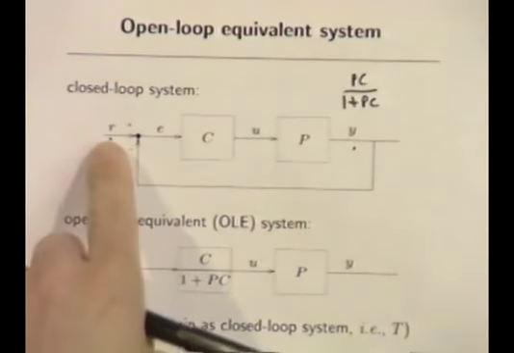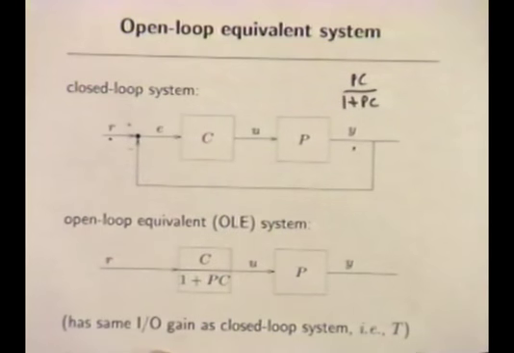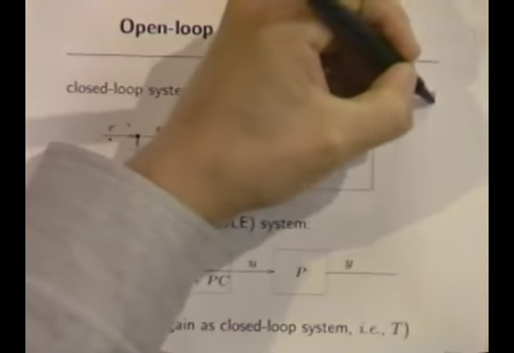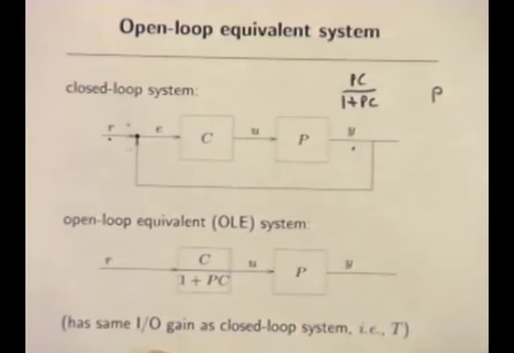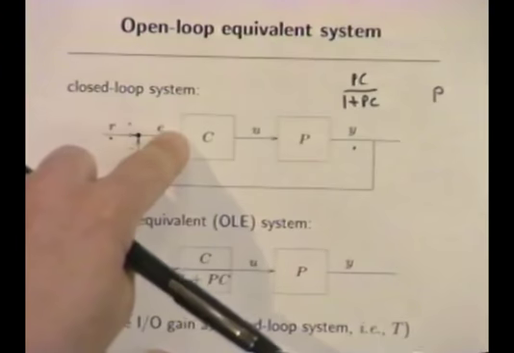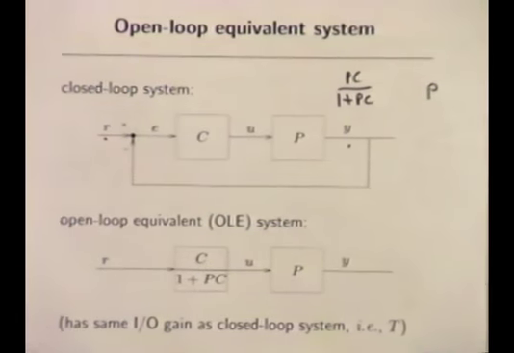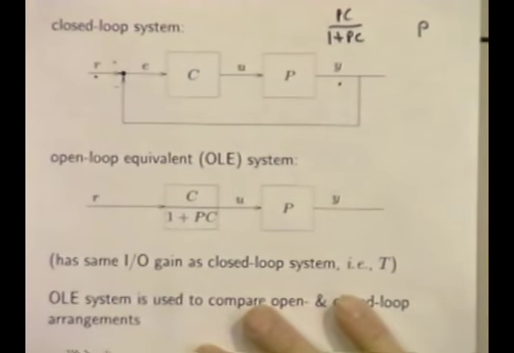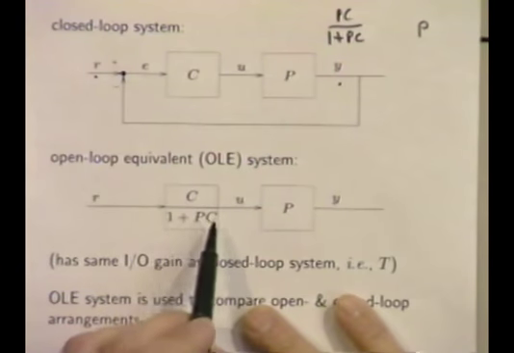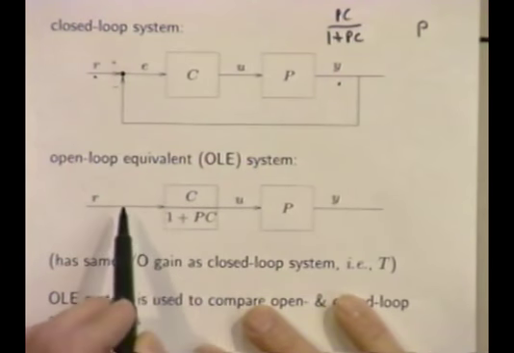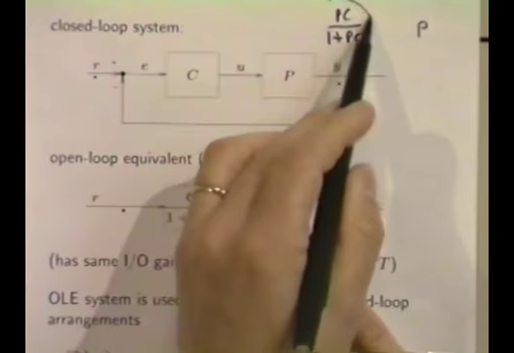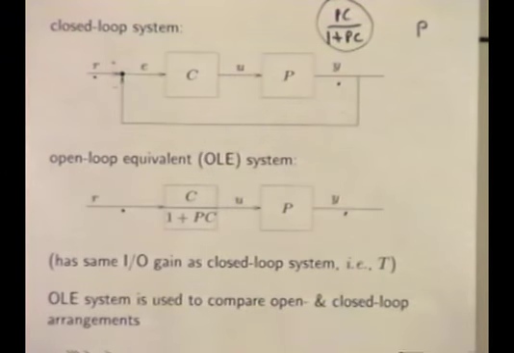It's not really fair to compare that to P for a variety of reasons. You want to compare it to an open loop equivalent system, which has a gain C over 1 plus PC, because then the gain from here to here is the same. So this is referred to as the open loop equivalent system.